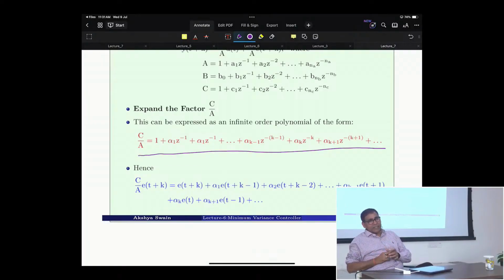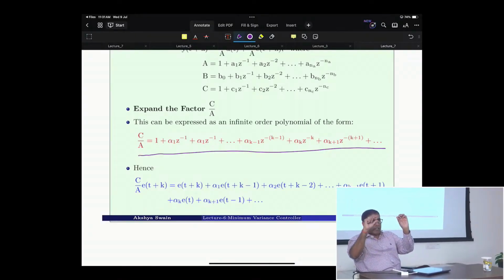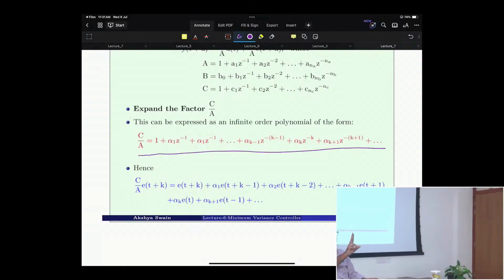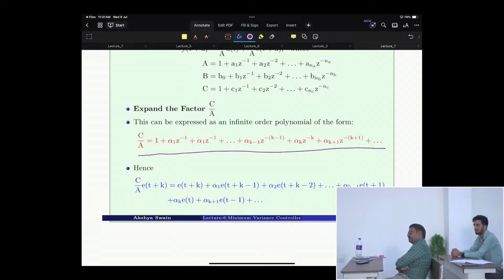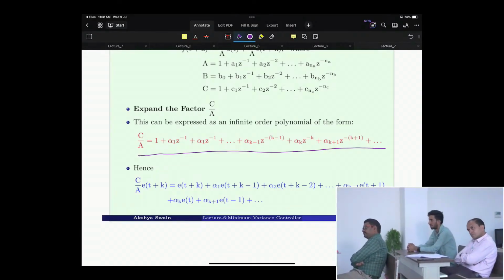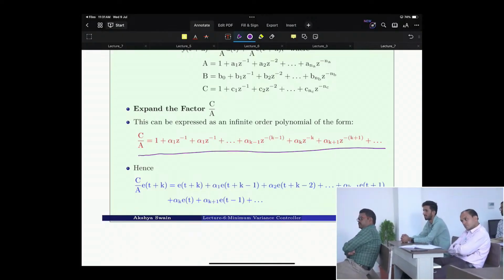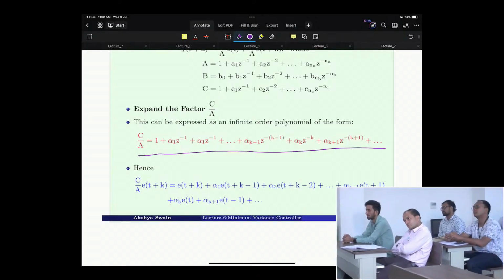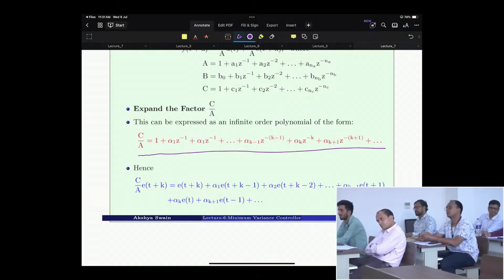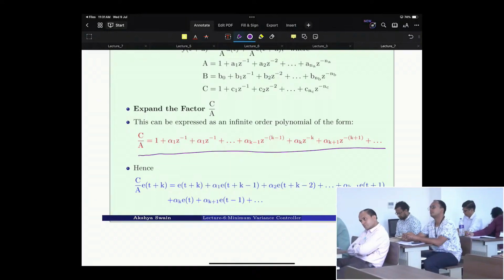Just telling one thing here, a simple division polynomial 1 plus c1 z to the power minus 1 by 1 plus a1 z to the power minus 1. How many parameters are there? 2 parameters, right? That can be expanded into an infinite series. Do you know what is the meaning of that?